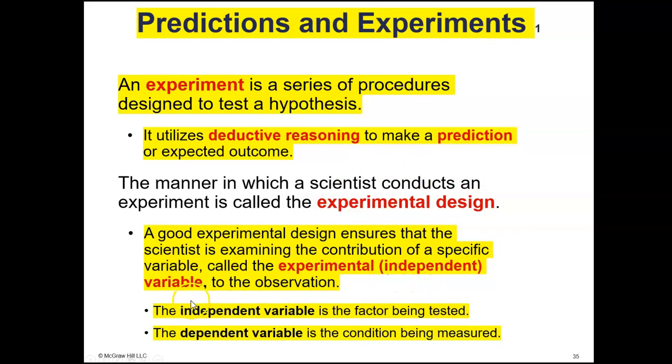So the independent variable is the sand versus the cornstarch. The dependent variable, which we're measuring, is the number of pill bugs choosing sand versus the number of pill bugs choosing cornstarch. So what you measure is the dependent variable.